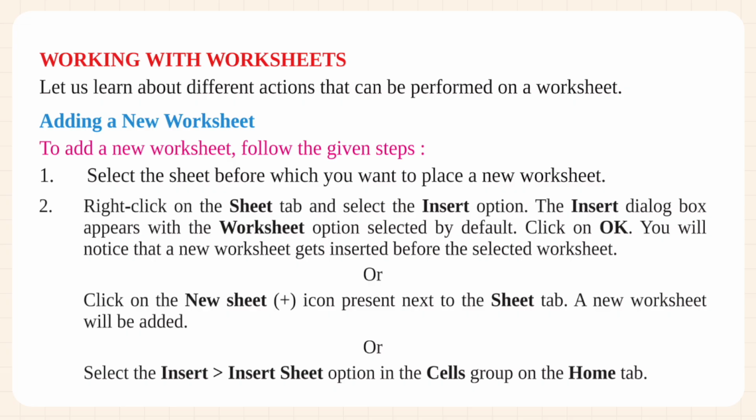The Insert dialog box appears with the Worksheet option selected by default. Click on OK. You will notice that a new worksheet gets inserted before the selected worksheet. Or, click on the New Sheet plus icon present next to the Sheet tab. A new worksheet will be added. Or, select the Insert Sheet option in the Cells group on the Home tab.